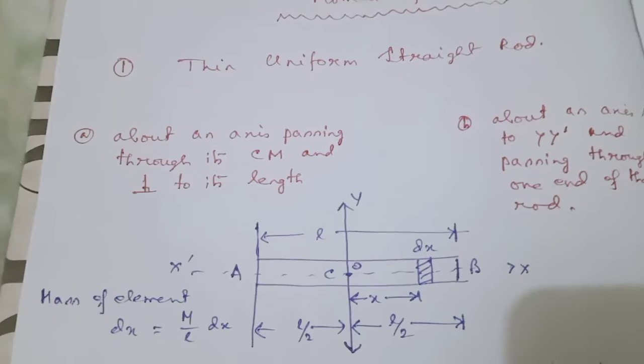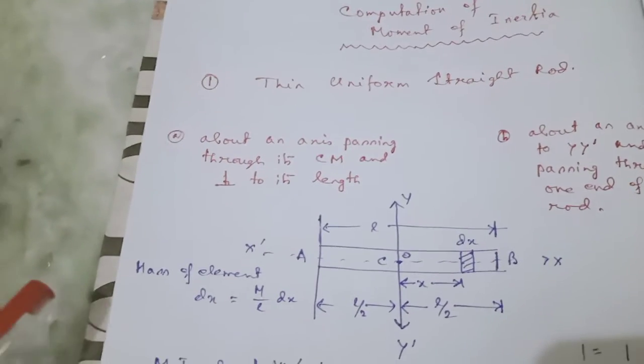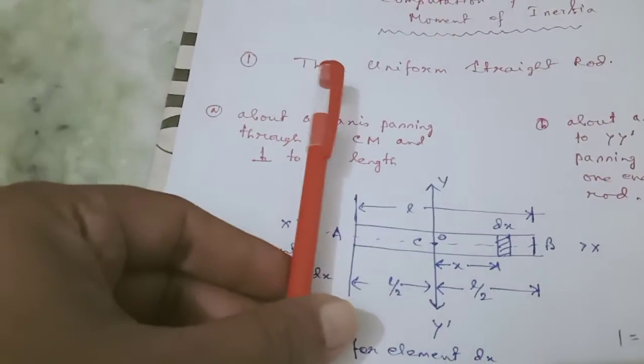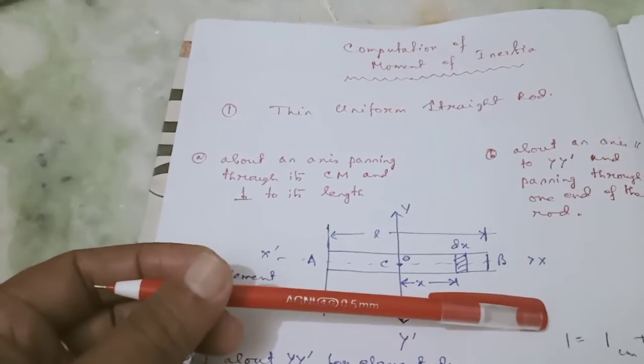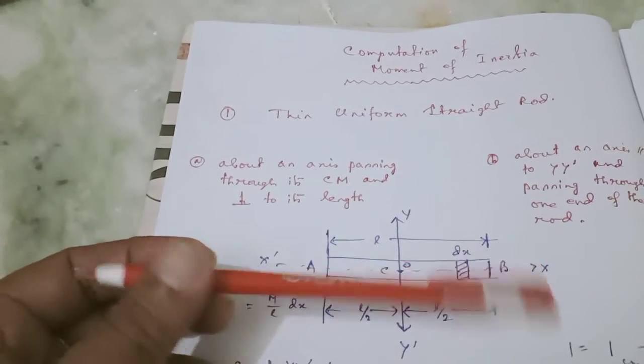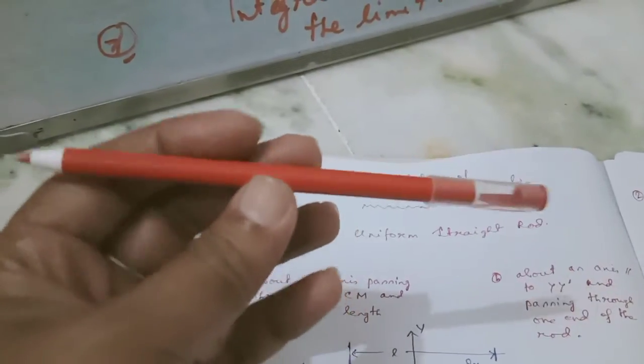Now we will learn how to compute the moment of inertia of a thin uniform straight rod about an axis passing through the center of mass perpendicular to its length. So this is the body, and it is rotating about an axis passing through its center of mass and perpendicular to its length.